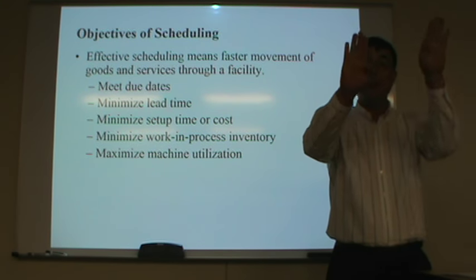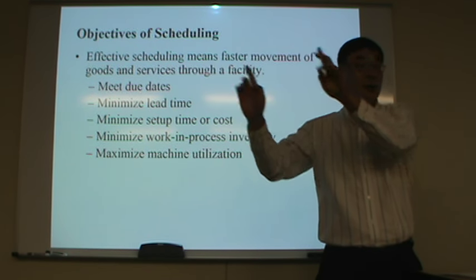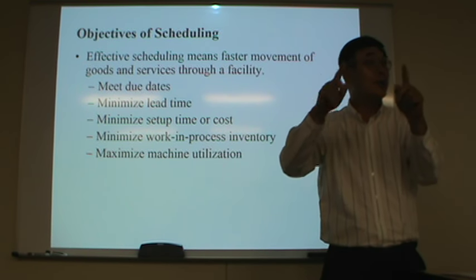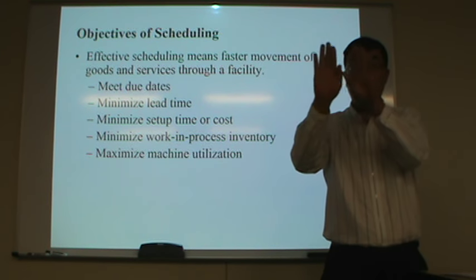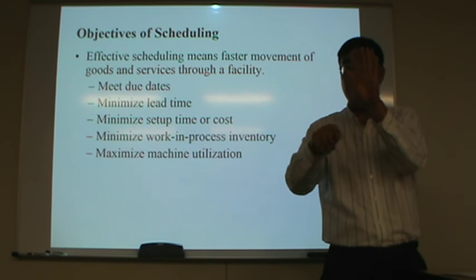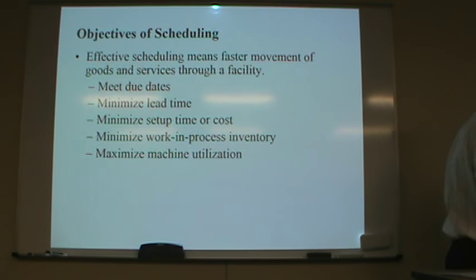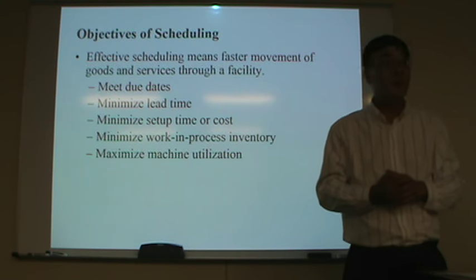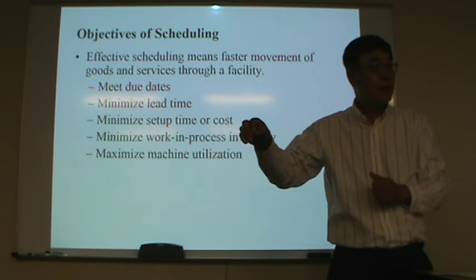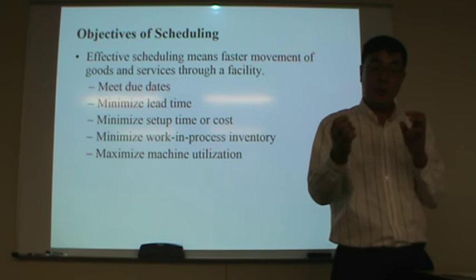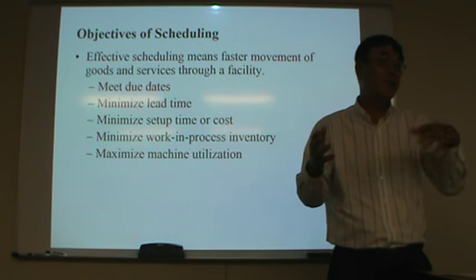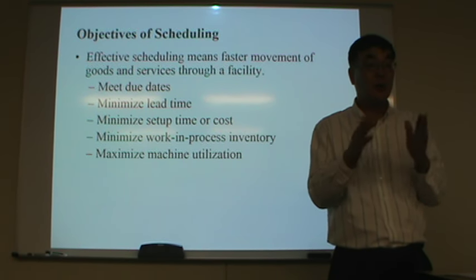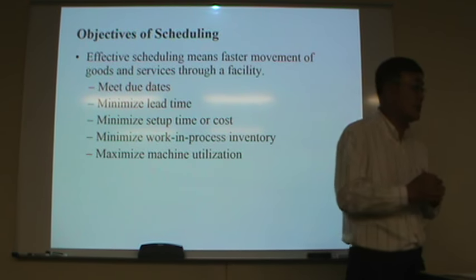Type A, type B, type A, type B schedule like that, then we need 3 setups, right? If we schedule A, B, B, then only 1 setup, so we can reduce setup time. And minimize work in process. If we schedule at the right time, just like just in time, which we will talk about later, then we can reduce work in process.